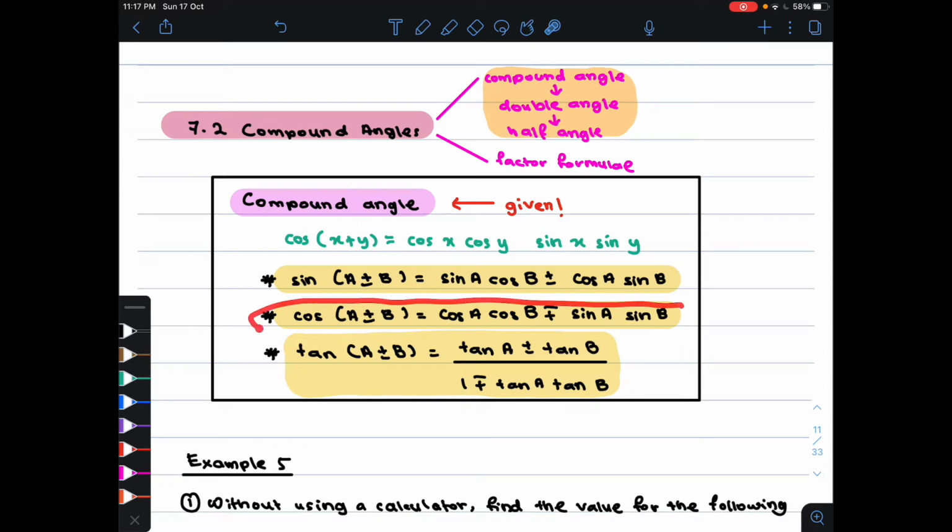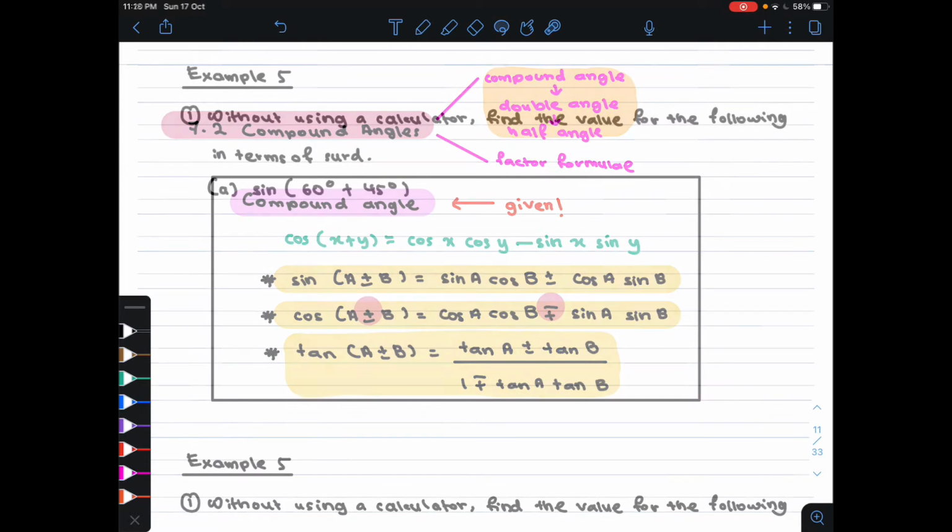If you look at this equation, the positive sign is on top. So for this one as well, we're going to take the sign on top, which is minus. So we're going to put minus here. Basically, just look at your sign and check whether it is on top or at the bottom. The sign at the back here will also follow from your question.